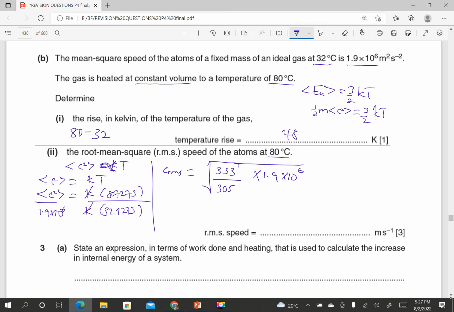Then you press your calculator. Let me press mine: 353 divided by 305 times 1.9 exponent 6, then square root of the answer. So I'm getting 1482.9, which to three significant figures is 1480. You can verify. Then next question.